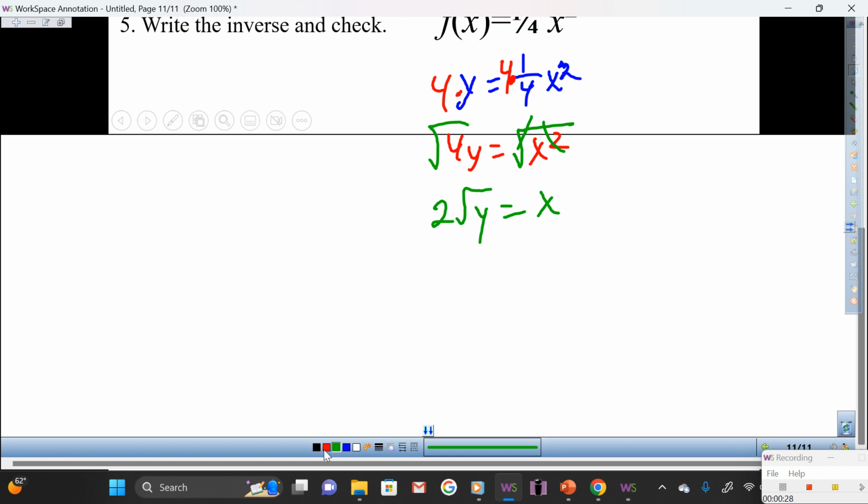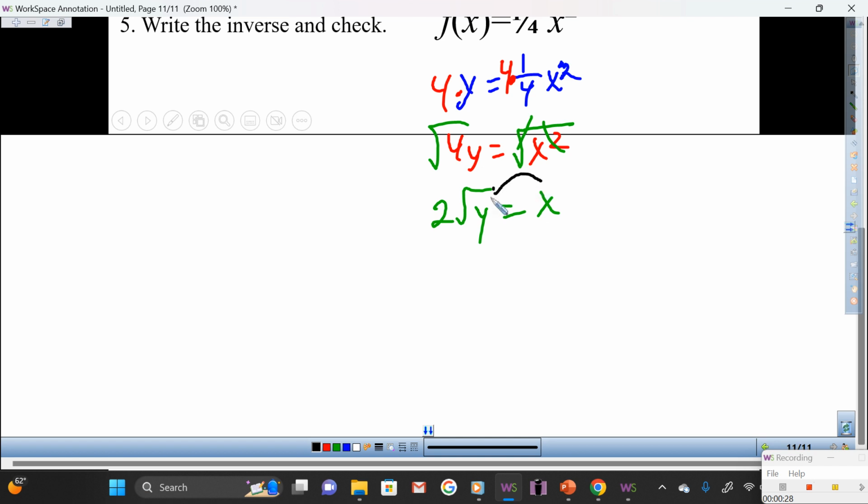What makes it an inverse? Tell your neighbor what to do to make it an inverse. Lorena.